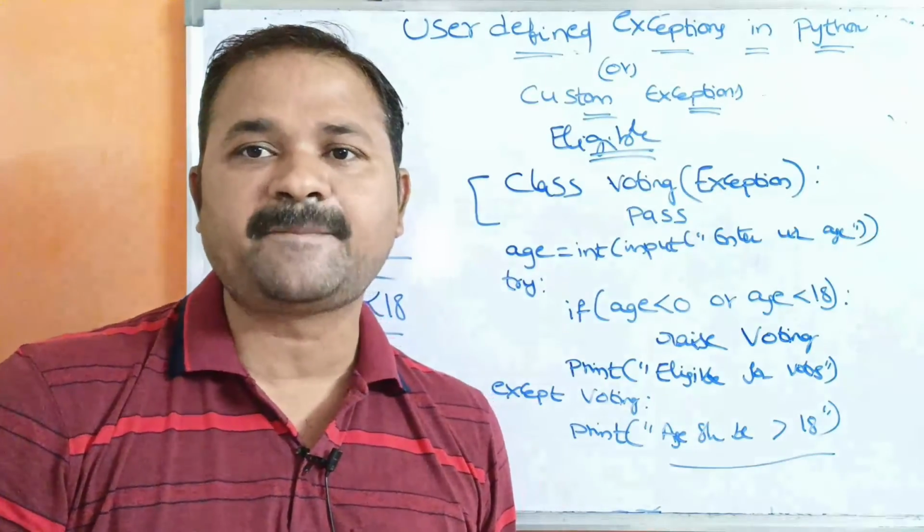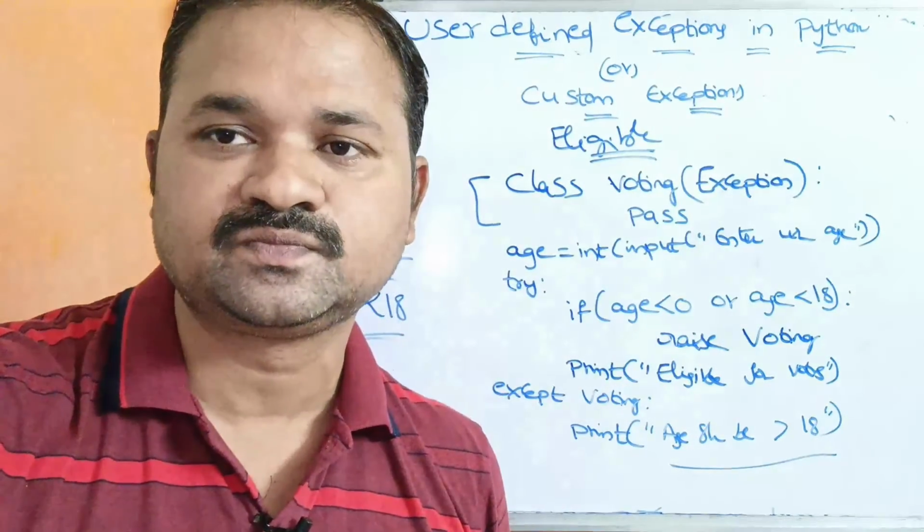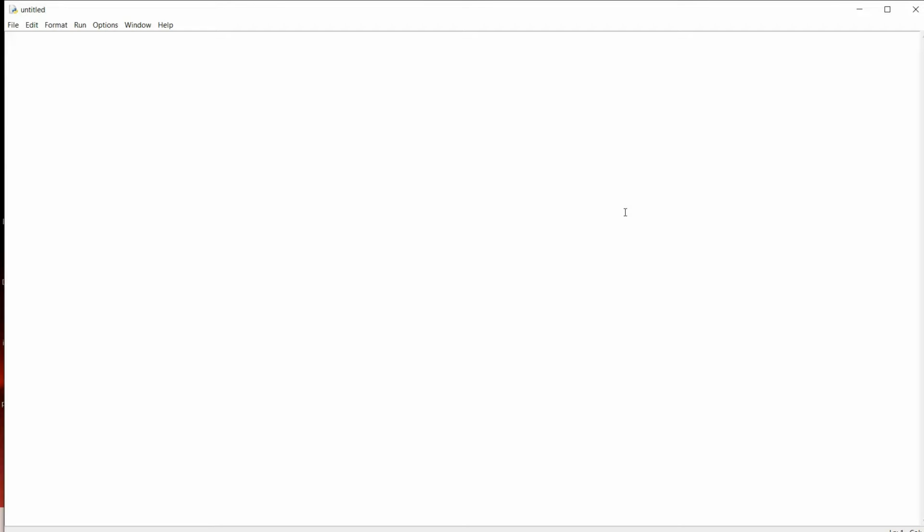Now let us see the practical implementation. So class, the name of the user-defined exception class is Voting. Every user-defined exception class must derive from the base class Exception. It doesn't perform anything, so pass. Next, let us read the age. Age is equal to, let the age be 50. Directly I am assigning the value.